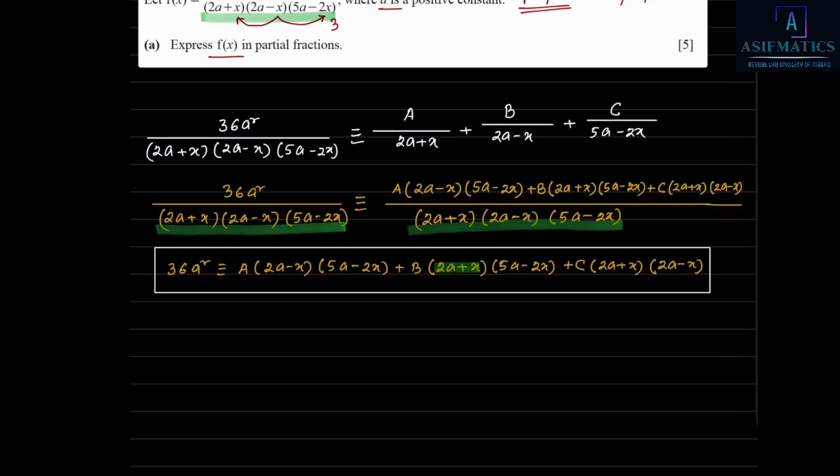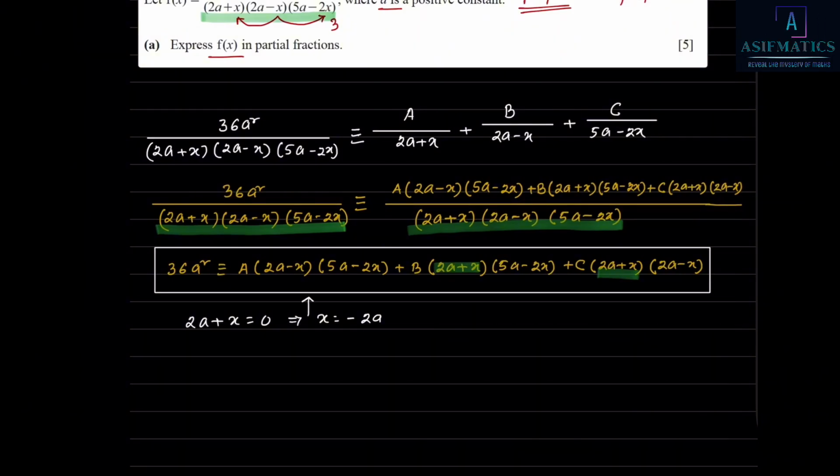If I take 2a + x as 0, our B and C terms both will be 0. So 2a + x equals 0, or x equals minus 2a. Then we can put the value of x in this equation.